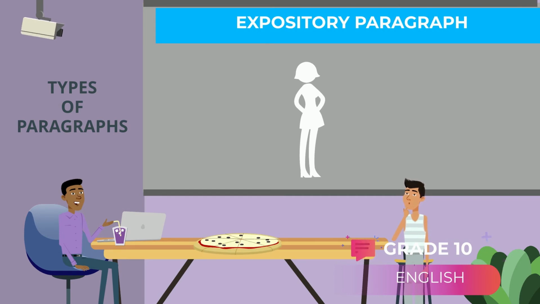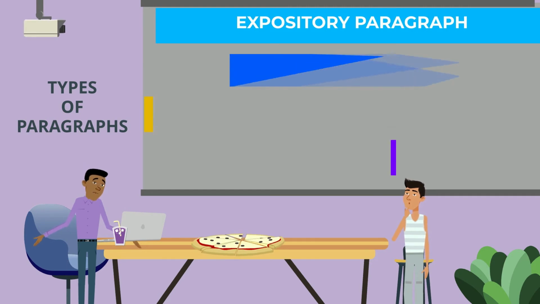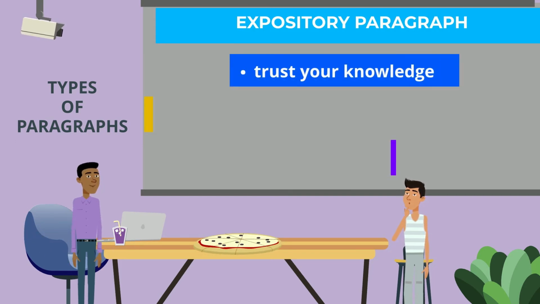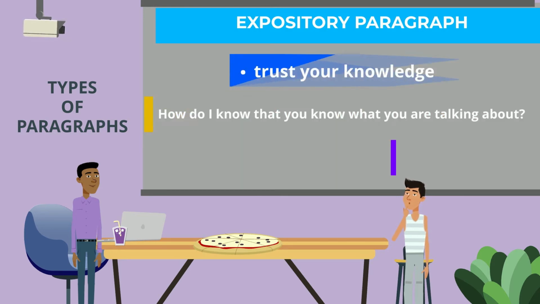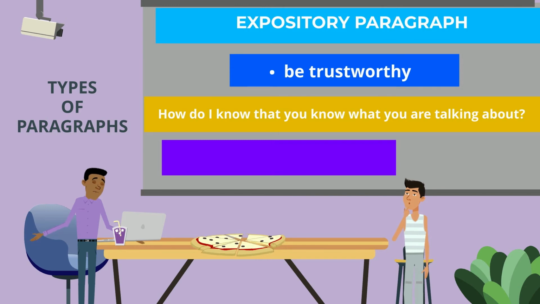Maybe the main challenge of writing an expository paragraph is trusting your knowledge of the topic. The big question in this type of paragraph is, how do I know that you know what you are talking about? Can you tell me? How do I know that you know what you're talking about?